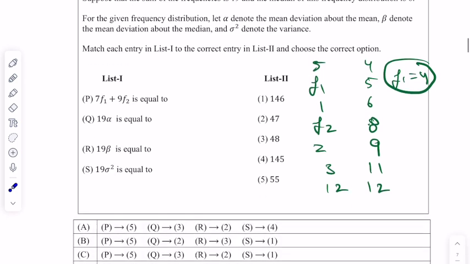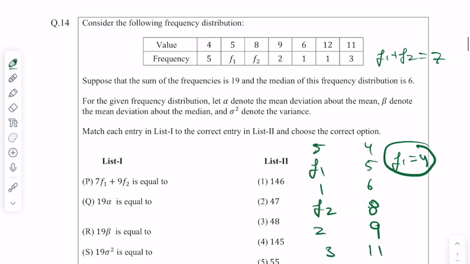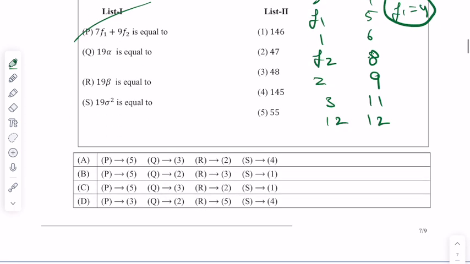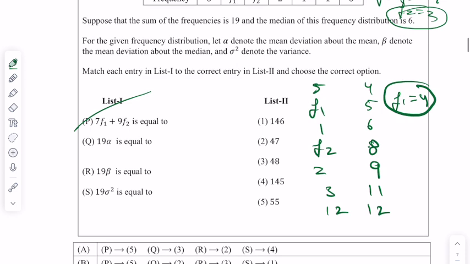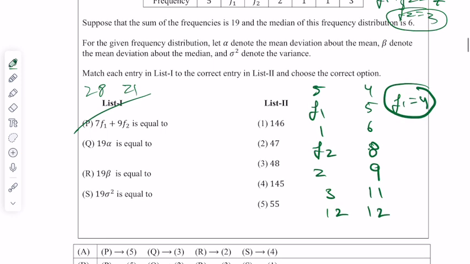Okay, so we know f1 is 4, f2 is equal to 3, nothing to solve over here. Option P can be easily found out. Alright, so we'll get 21 plus 4 into this, that is 28, that will be 49. Wait a second, what are we doing, okay, it will be 27. So we'll get 27 plus 28, okay, that will make it 55, that is the fifth option.